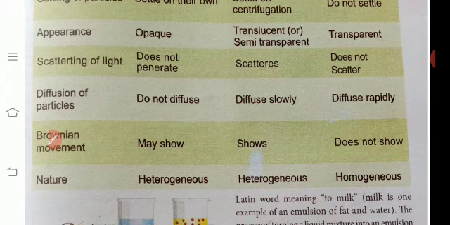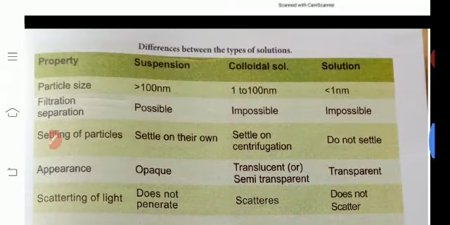First one, particle size: greater than 100 nm, 1 to 100 nm and less than 1 nm. Nm means nanometer. Filtration: possible, impossible, impossible. Three types of solution: suspension, colloidal, true solution.